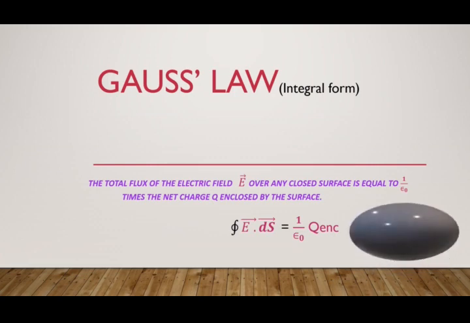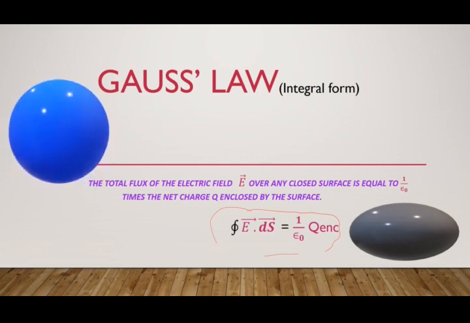In its mathematical form, it tells surface integral of the electric field is equal to 1 by epsilon naught charge enclosed by the closed surface. That closed surface can be any surface of this type, surface of an ellipsoid or surface of the sphere, or it may be a pyramid like this.